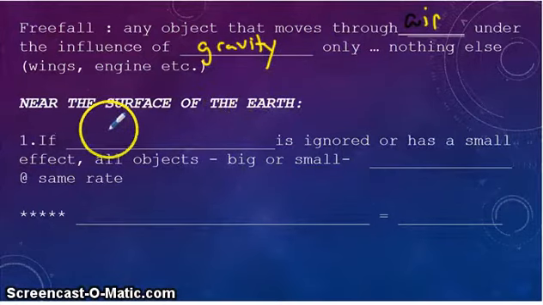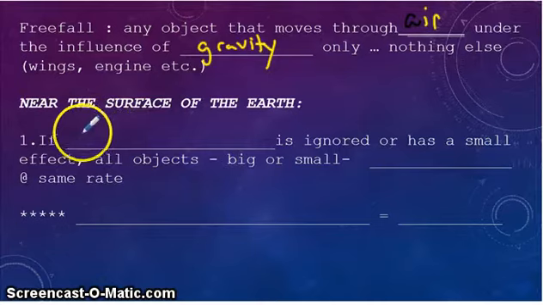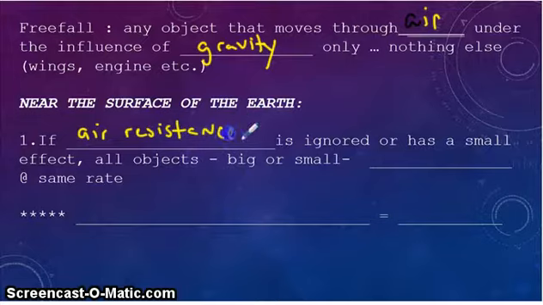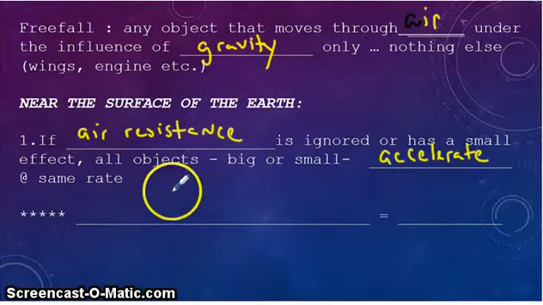So near the surface of the Earth, if we ignore air resistance, or we say that it has a very small effect, all objects, big or small, so large mass or small mass, accelerate at the same rate.